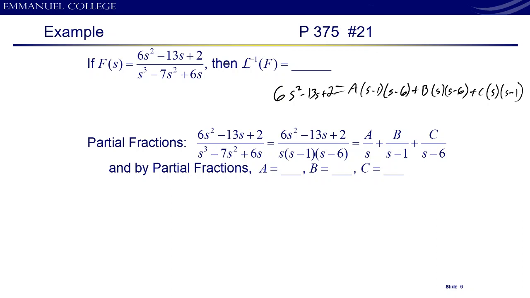The reason I say plug in the roots is, notice if I plug in 1 here, then the A term goes away, and the C term goes away, and it only leaves B. So if I plug in 1, I end up with 1 times 1 minus 6, and then I would also get 6 times 1 squared minus 13 times 1 plus 2, and I would have an equation that should balance out if everything goes correctly.